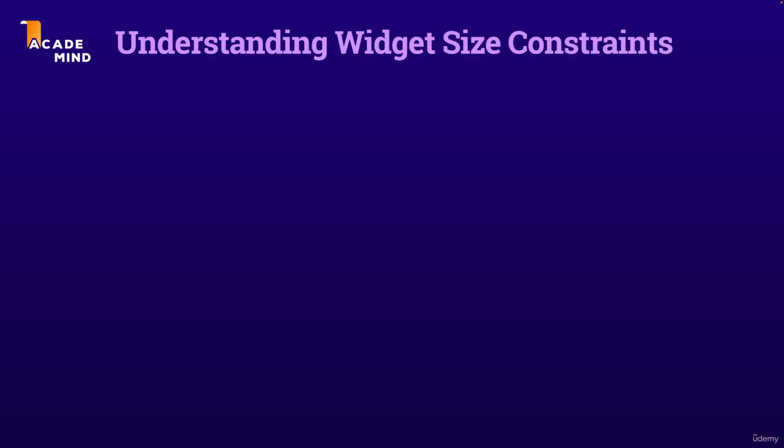And for that, it's really important to understand the concept of size constraints in Flutter and to understand how in general Flutter widgets get sized and displayed on the screen. Because widgets actually get sized based on their size preferences and the size constraints applied by the parent widget.